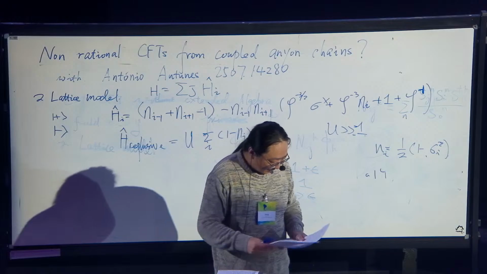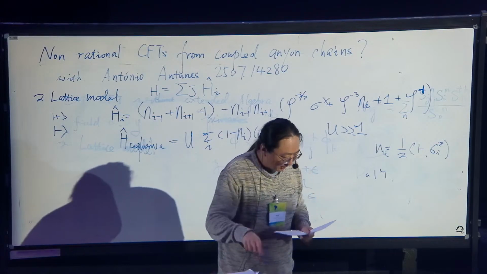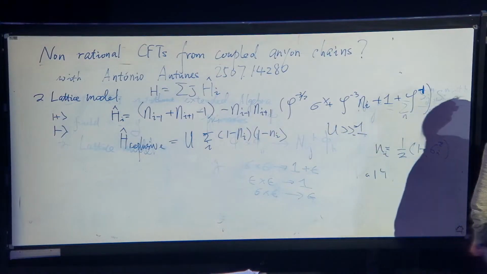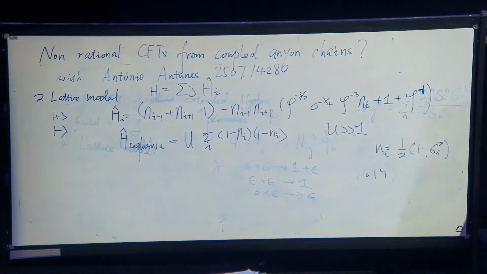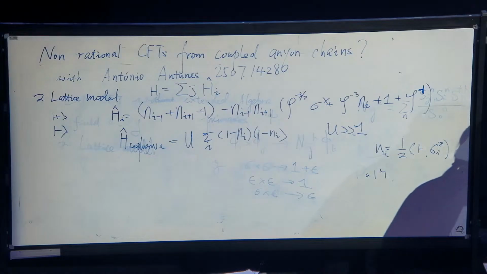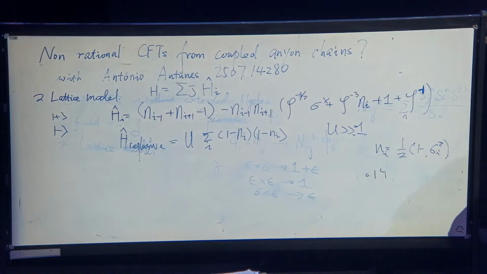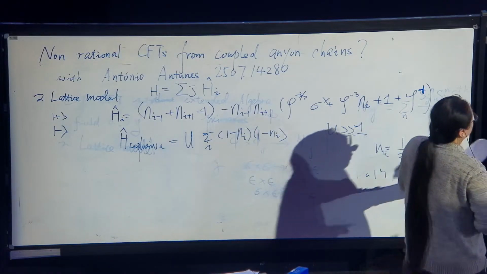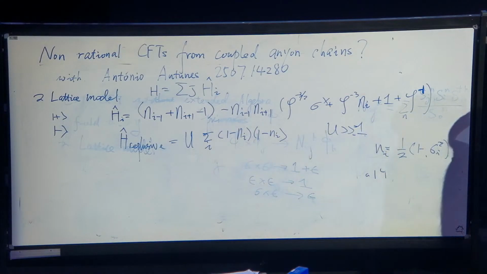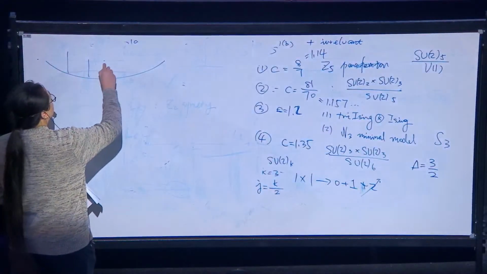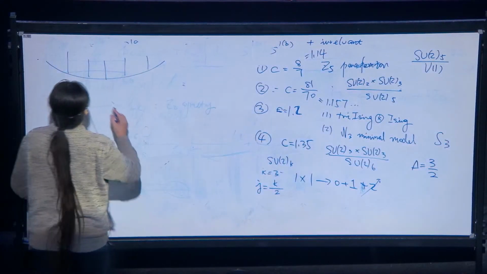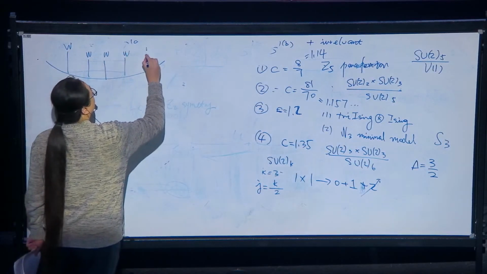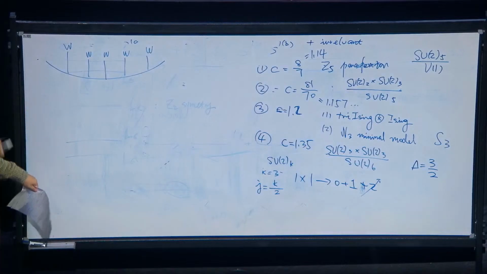But this Hamiltonian has an interesting interpretation in terms of the fusion of anyons. You could just reinterpret it as the fusion sequence of some anyons. On each of these lines, you put a W particle, and you read from left to right.